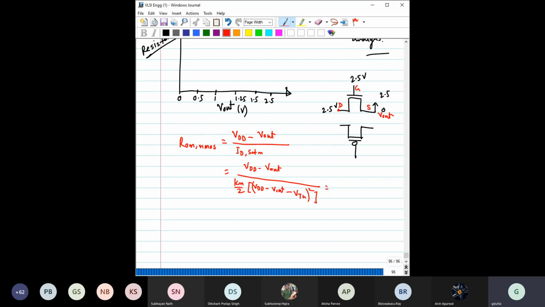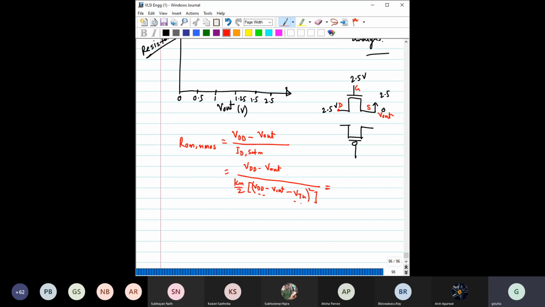Okay. So if this VDD minus V out is quite a bit higher than this threshold voltage, then you can do a small approximation. I have done this approximation just to check whether I am getting a plot similar to the one given in the book.